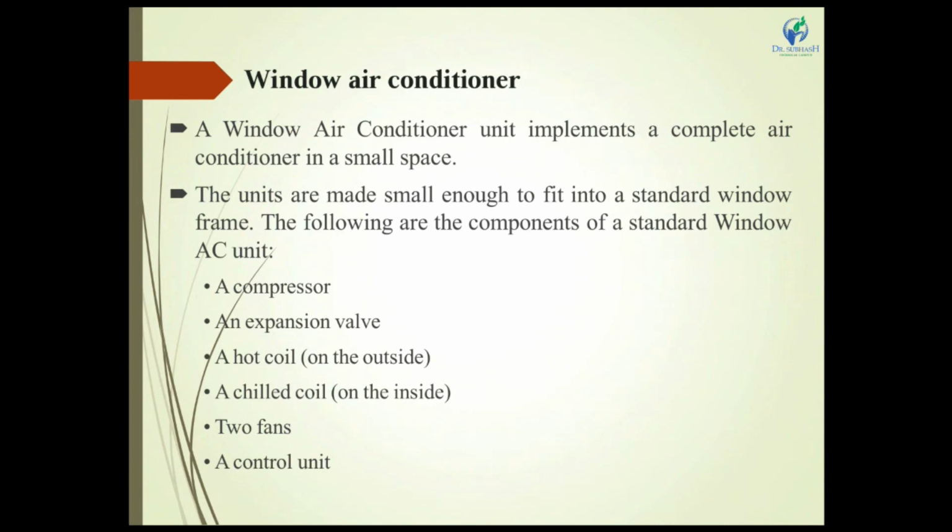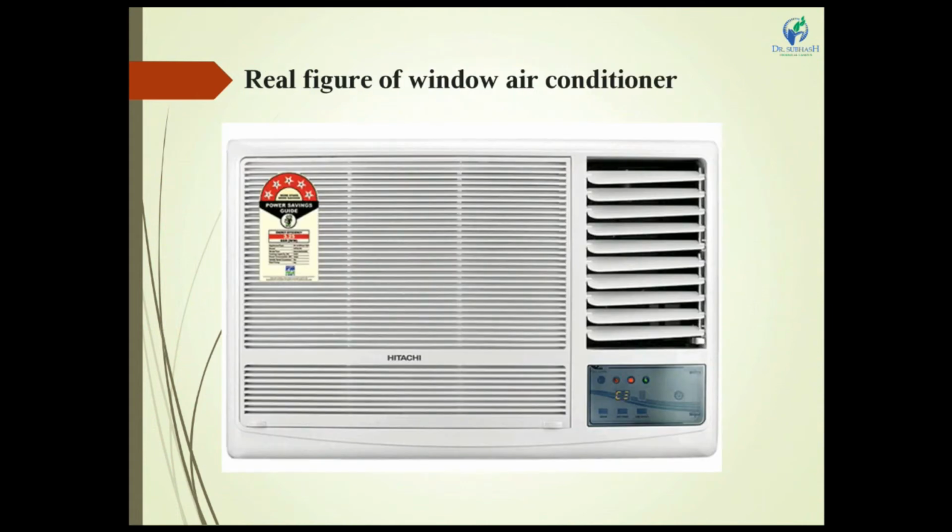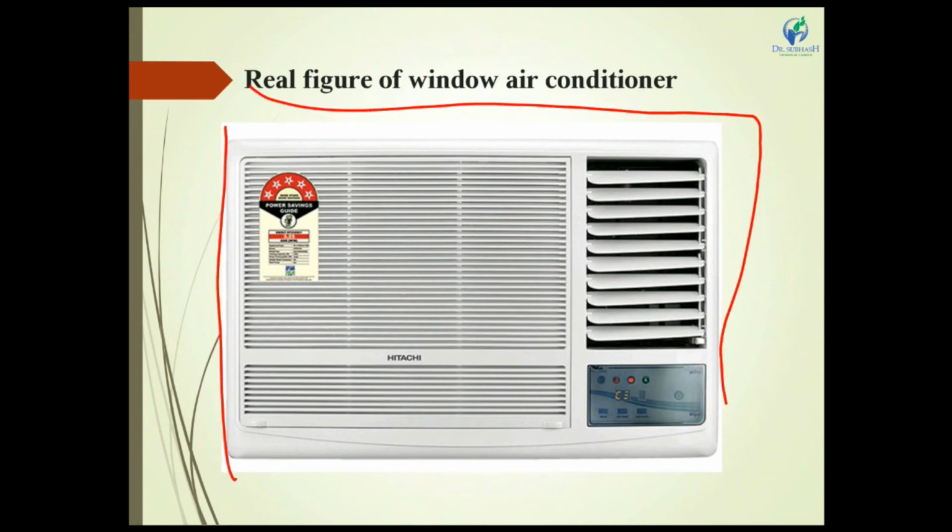A window air conditioning unit implements complete air conditioning in a small space. There is one box in which all components, such as the compressor, condenser, expansion valve and evaporator, are implemented in one block.